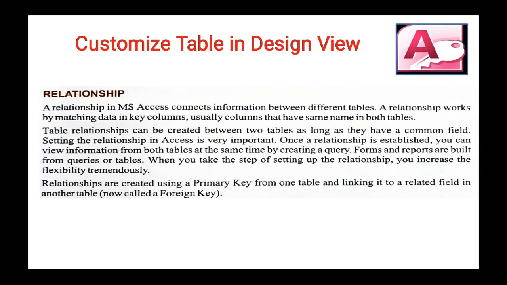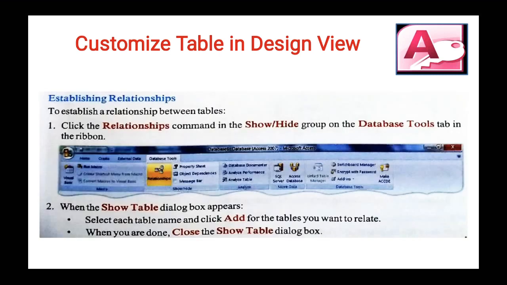Now, how to establish a relationship? Click the Relationships command in the Show Hide group on the Database Tools tab in the ribbon. When the Show Table dialog box appears, select each table name and click Add for the tables we want to relate. When we are done, close the Show Table dialog box.